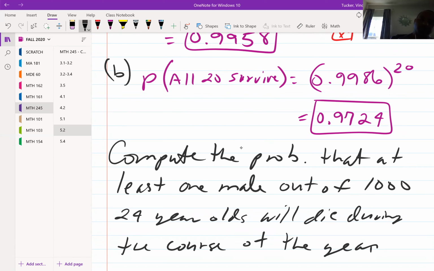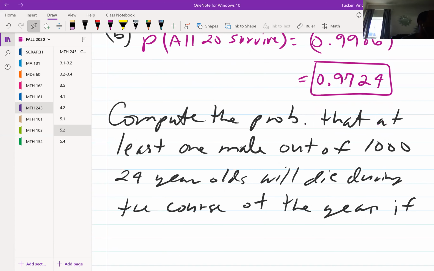I figured it out. Okay, cool. Hit the XY, I have to put in 20.